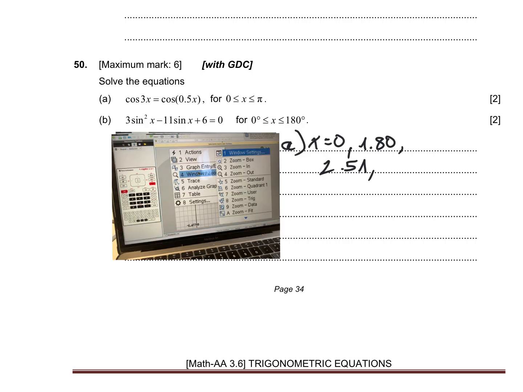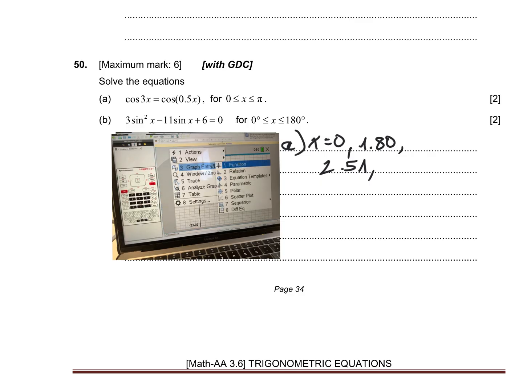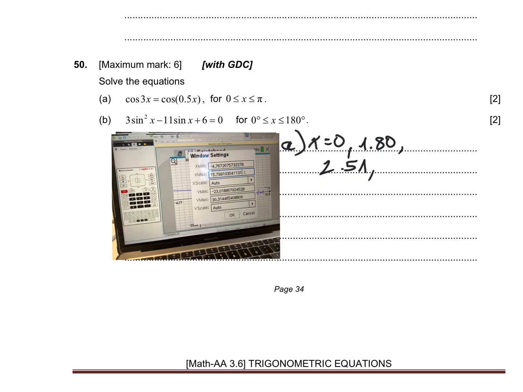Because it's in between 0 and 180, let's just do to 200, but outside.